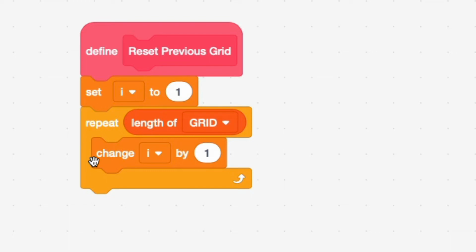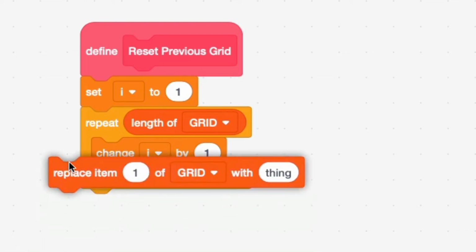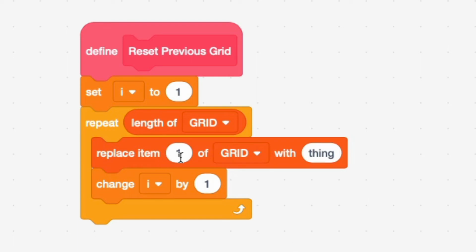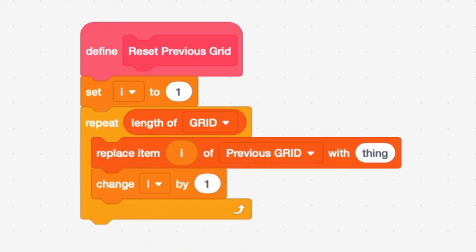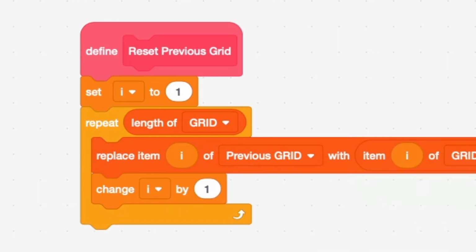And then we're just going to replace item I of previous grid with item I of the current grid.